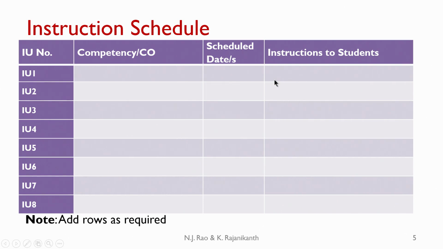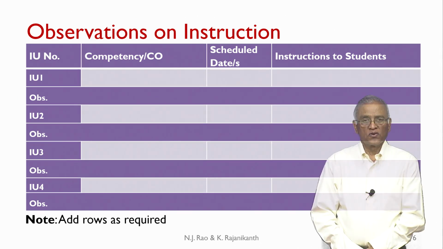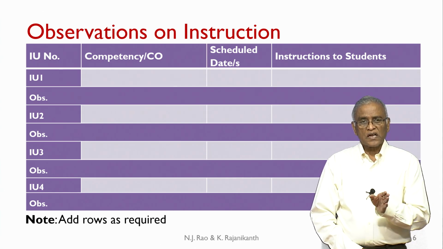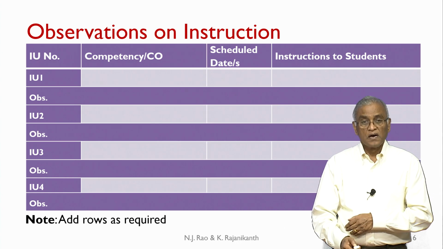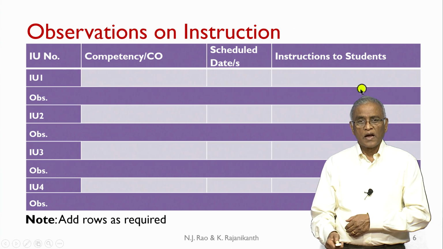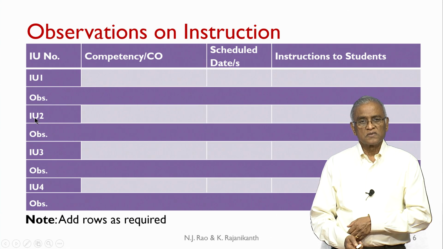Over a period of time, these are the things that help the teacher plan the classroom sessions much better. Then you look at observations and instruction. This is another template. You copy the IU1, let us say here you write this, and below you have one row to write your observations.